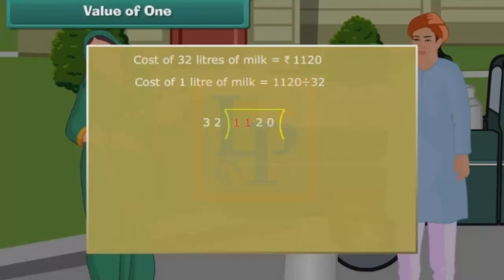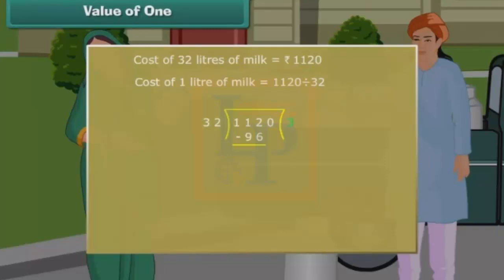Now consider the first three digits together. 112. 112 is big enough to hold 3 times 32, that is 96.